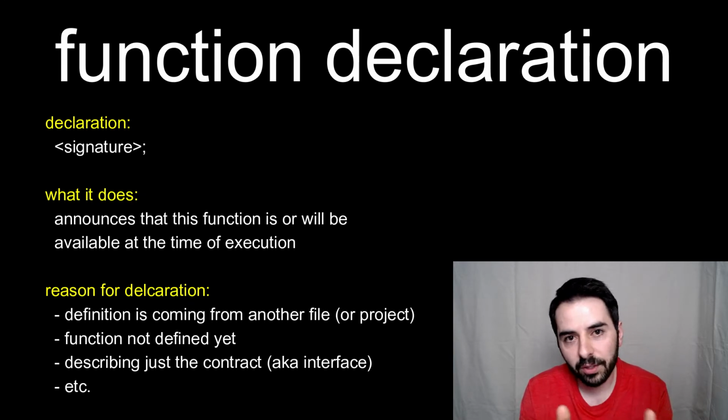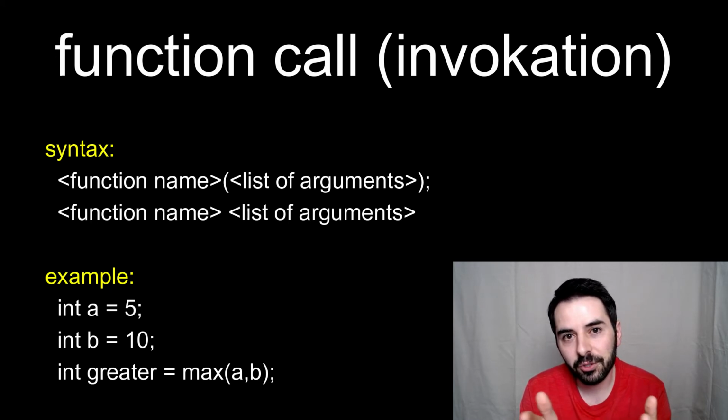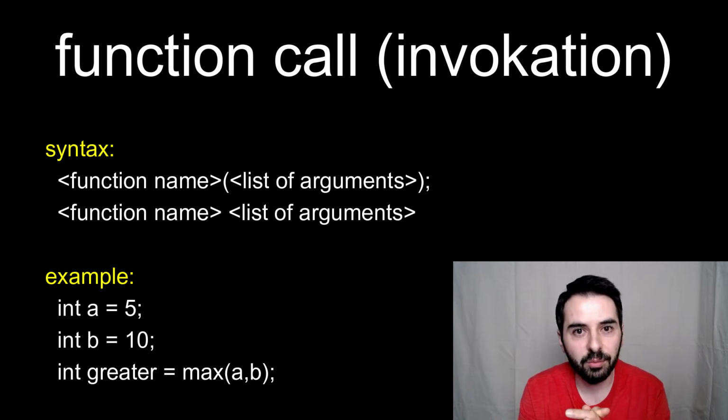So knowing that we can now define a function, we need to know how to use it, and that's the easiest part. To be able to use a function, the term is invoke or call a function. So when we want to use or call this function that we defined previously, we just write the function's name, and in most languages this syntax is supported: function name, then opening parentheses, then the values for input parameters, and then close the parentheses, and done, and a semicolon, depending on if you need a semicolon to make a statement.